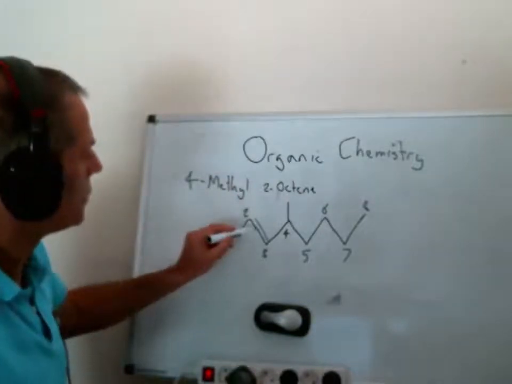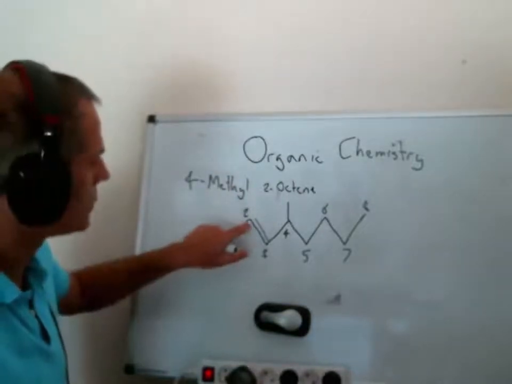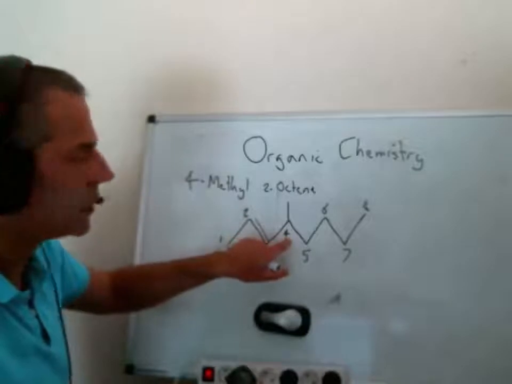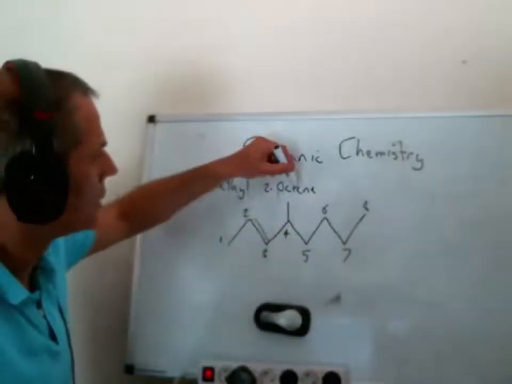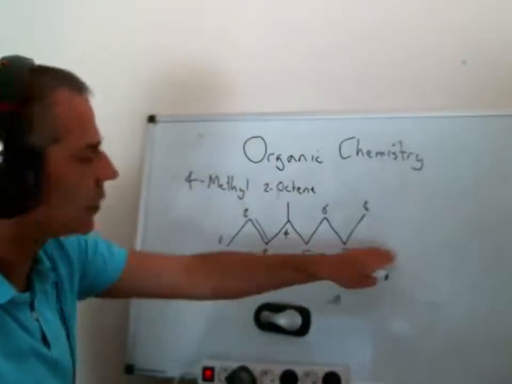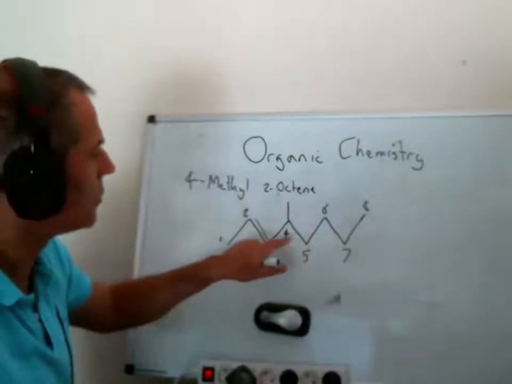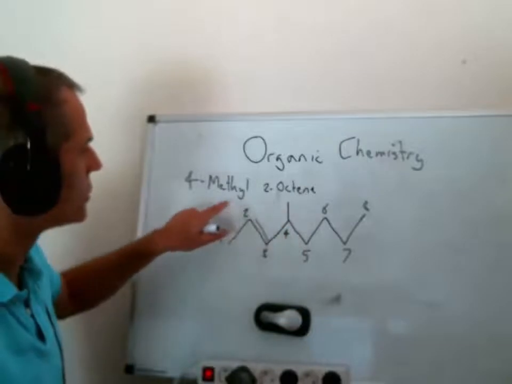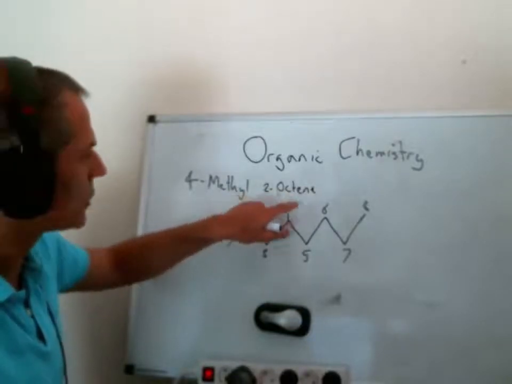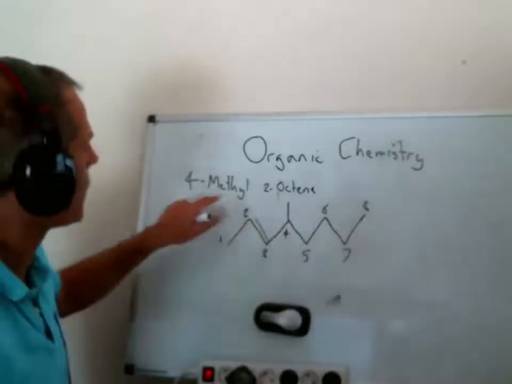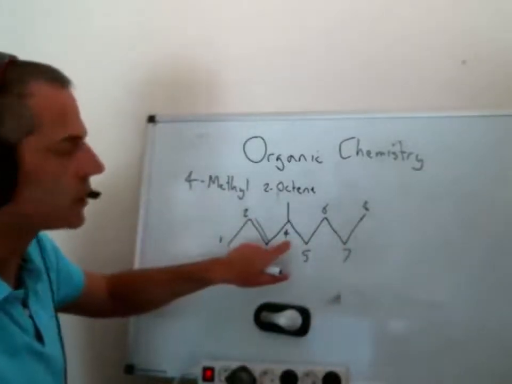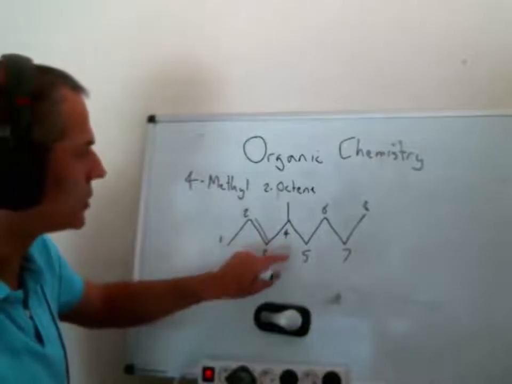So this double bond is on the 2 position. It starts here, and the methyl group is on the 4 position. So we have 2 octene as our core molecule, and then we have a methyl group on the 4 position. So we can construct it from the back. 2 octene is our molecule, and the 4 methyl, because there's a methyl on the 4 position.